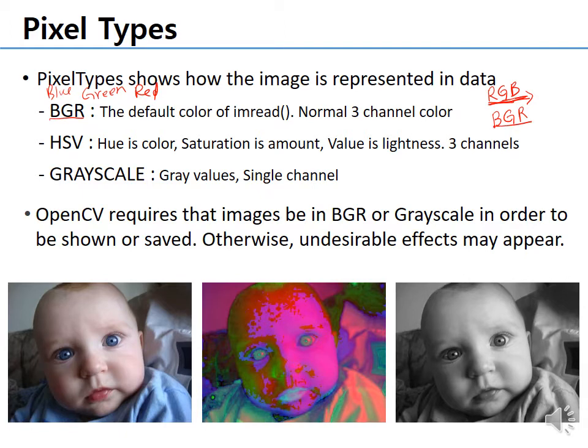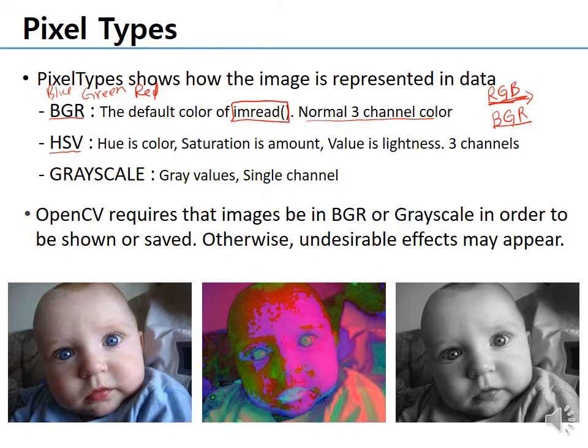BGR is the default color of imread, the command that reads the image, as normal 3-channel color. So this is our BGR, 3 channels. Another pixel type is HSV. H means hue, which is color, and S means saturation, which is the amount. Value is lightness.